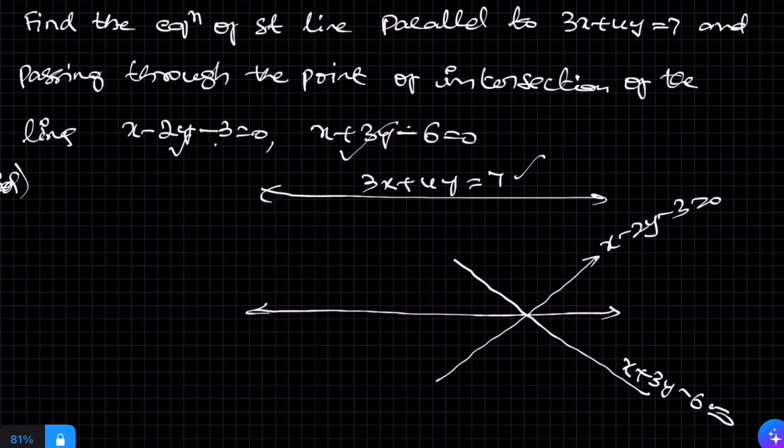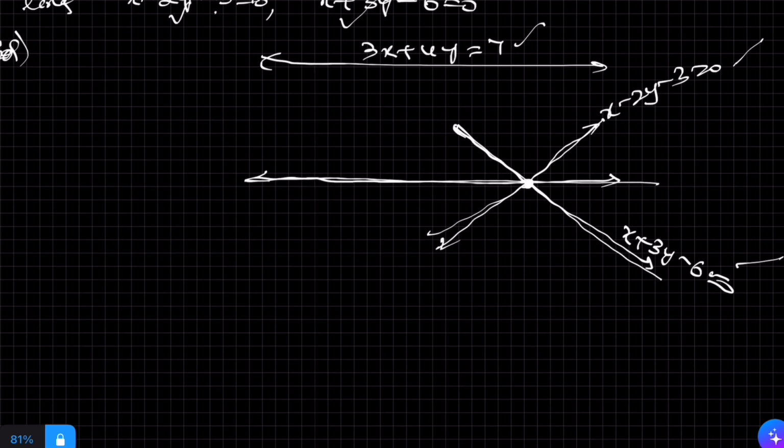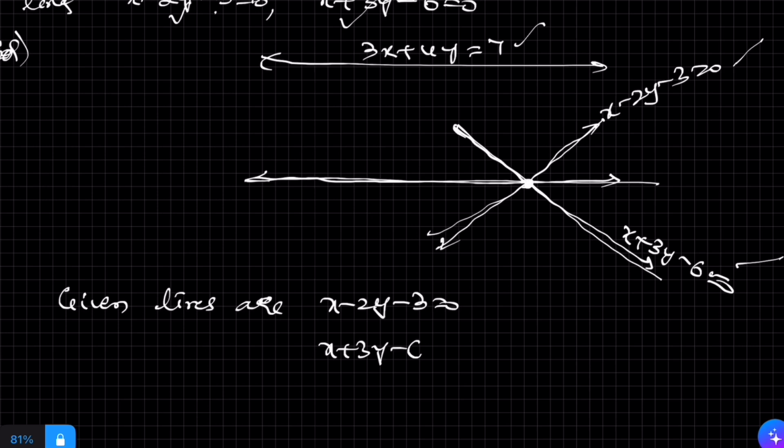Now these are the two equations, and given that our straight line passes through the point of intersection of these two straight lines, first let me find the point of intersection. The lines are x minus 2y minus 3 equals 0 and x plus 3y minus 6 equals 0.